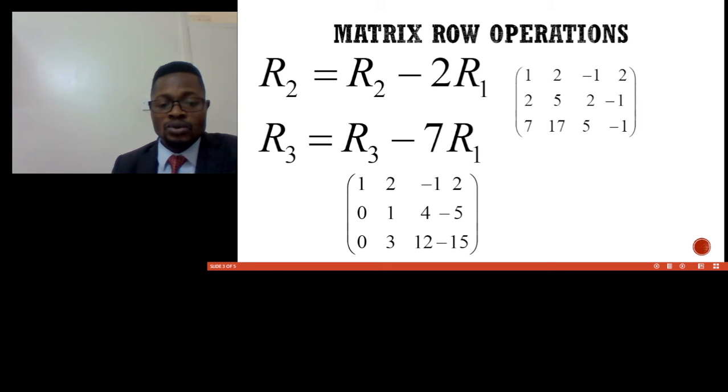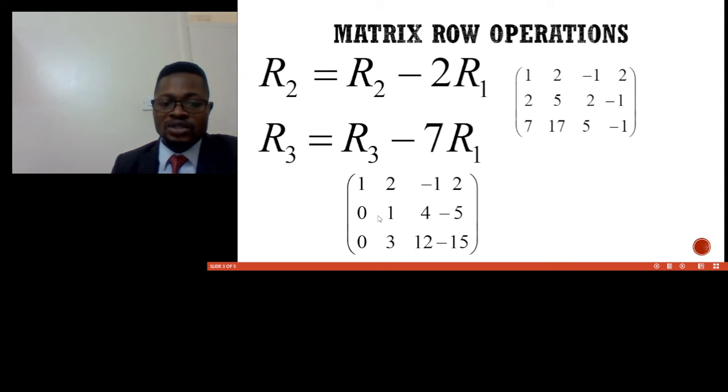We are working on row 2 and row 3 because we must make 2, 7, 17 to be 0. So I use row 2 minus 2 row 1, and that will give us 0 in the second row. We know that here is 2, so 2 minus 2 times 1 will give you 0. Here is 5, so it is 5 minus 2 times 2, which will give you 1.